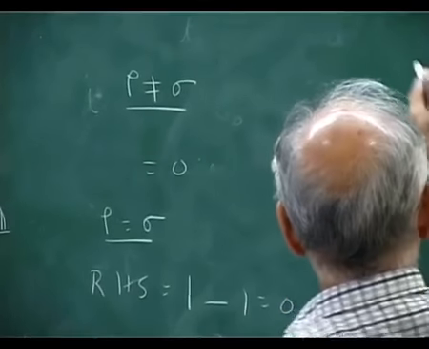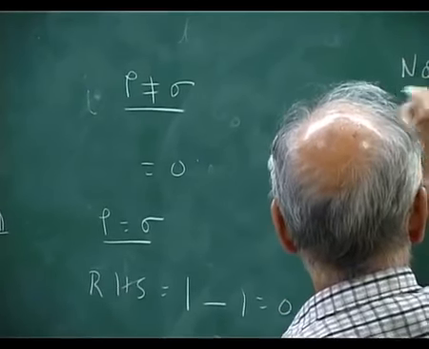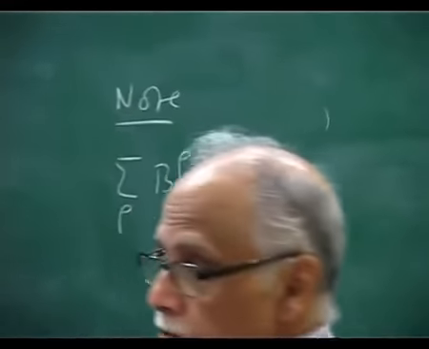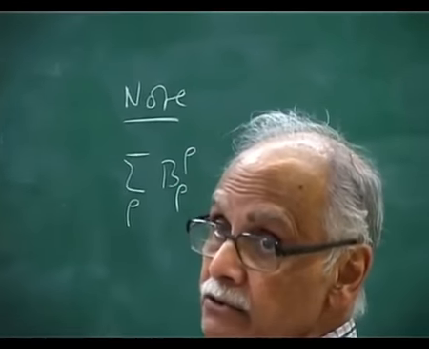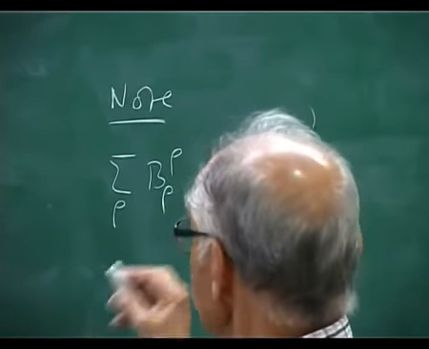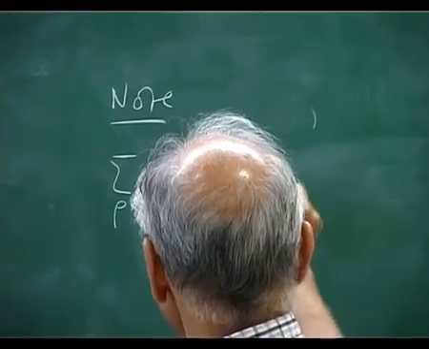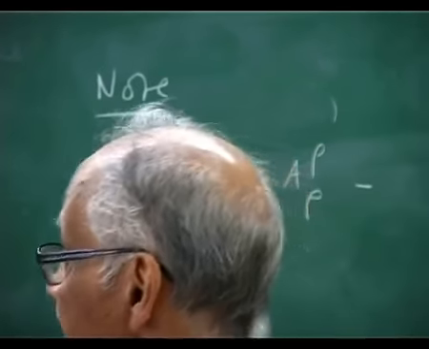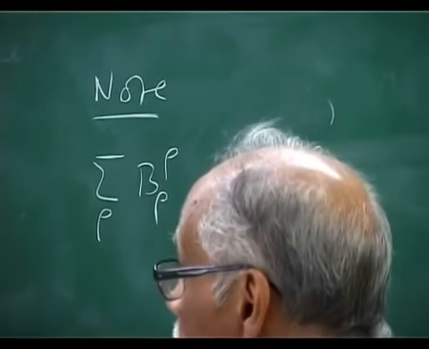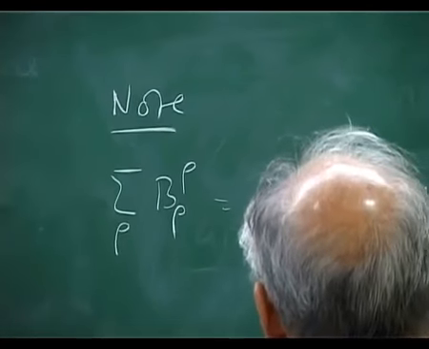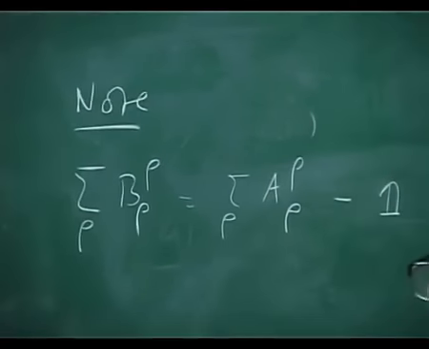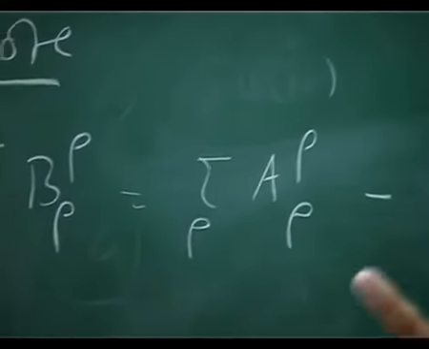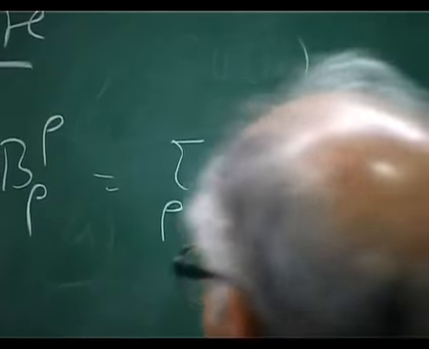But you should note one thing: the summation over rho of B rho rho, these are not linearly independent, because if I do this, this is the summation over rho of A rho rho minus, here, what will happen? I will get n times 1. But A rho rho is just one entry along the full diagonal, so this is 0.